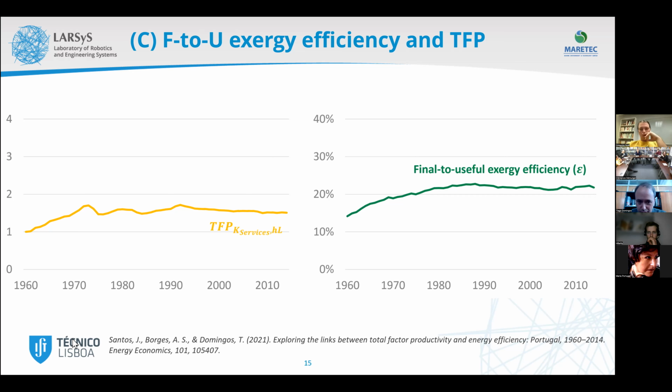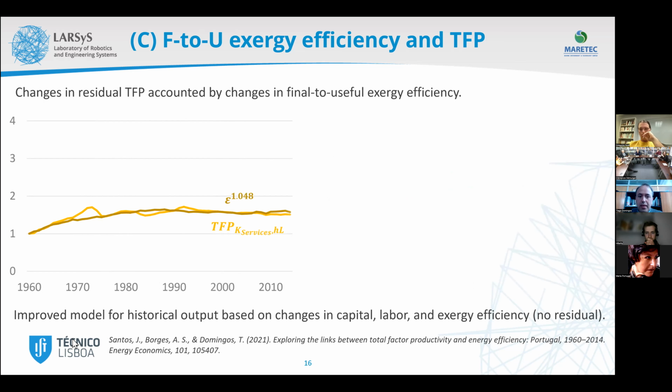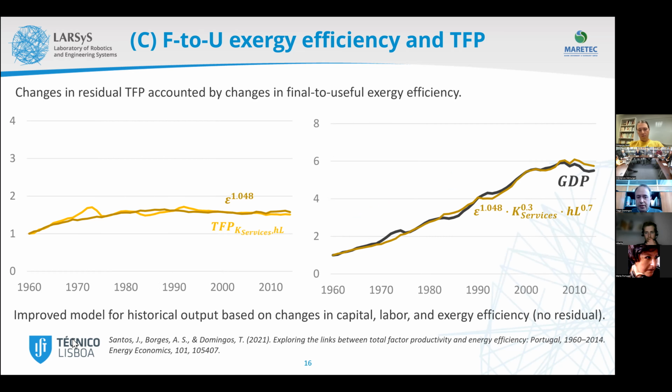And if you look at the left-hand side, you see that it roughly matches. Then we apply co-integration analysis to do this in a fully standard econometric way, and we find that there is co-integration between aggregate exergy efficiency, aggregate thermodynamic efficiency, and total factor productivity. And the match, as you see here, is extremely close.